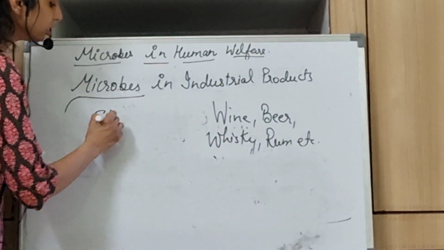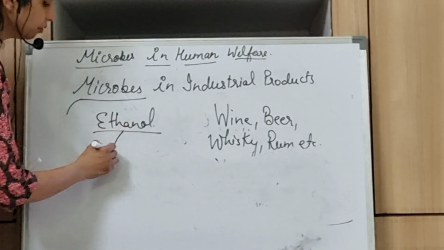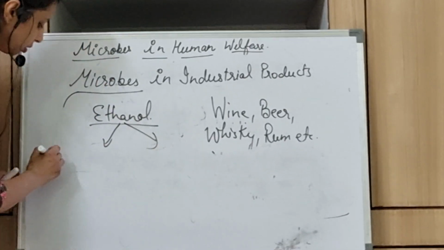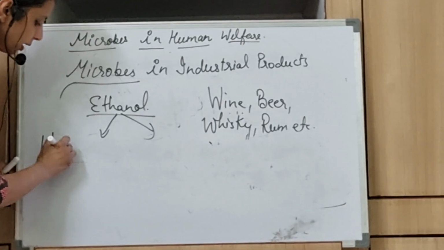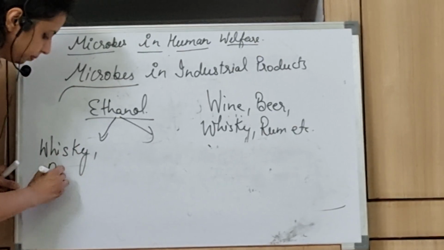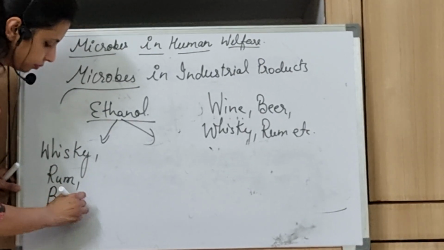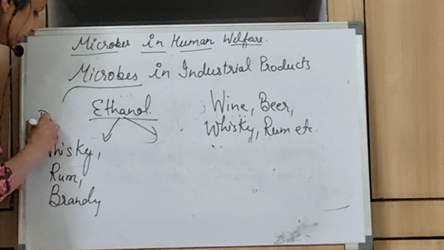So when ethanol is prepared, it can be converted into whiskey, rum, brandy by the process of distillation.